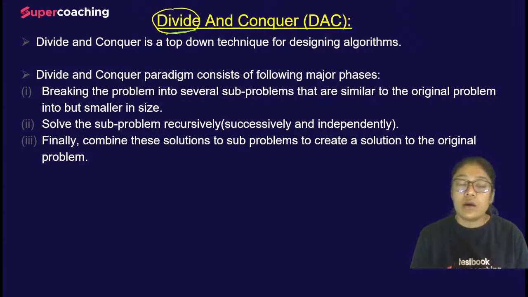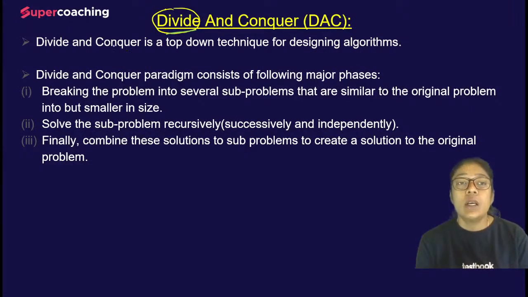Because whatever task we have to perform on the problem itself, the same function will be applied on the sub problems. And in a recursion, we have to determine the termination condition: we are dividing the problem, but until when do we divide? The answer is until it reaches a smaller problem.